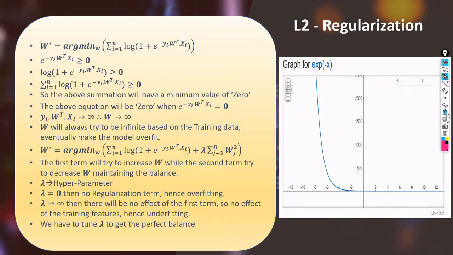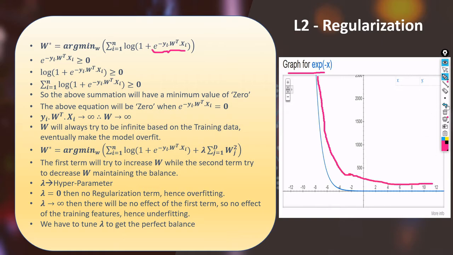Let's first concentrate on this part, which is e to the power minus y w transpose xi. That means e to the power minus sine distance. In general form, that is e to the power minus x. On the right hand side, you can see the graph for e to the power minus x; this blue line is the one we'll be concentrating on.